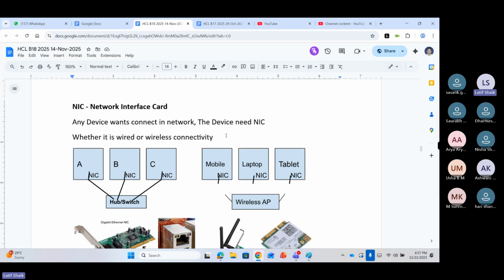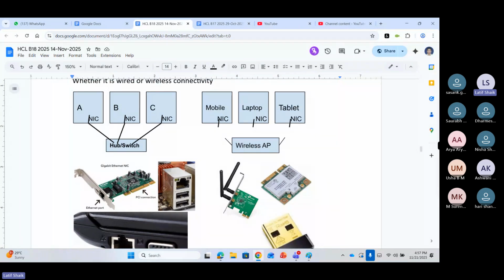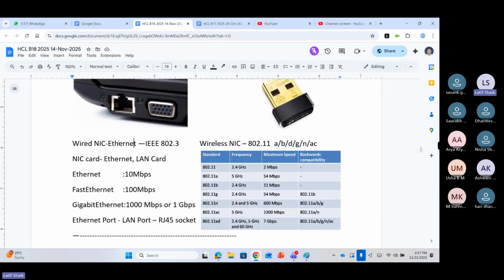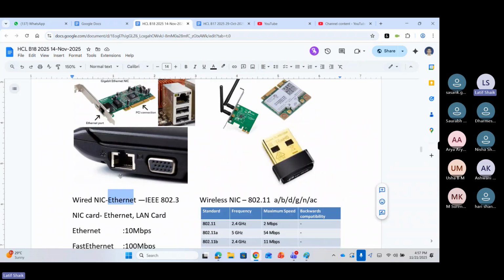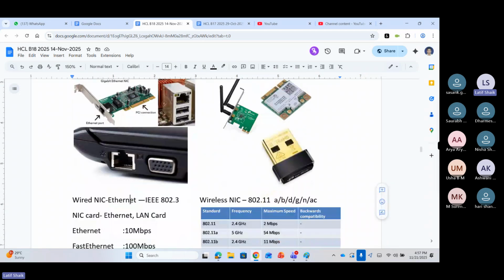In a wired type of connectivity, guys, in our general regular LAN networks, we use Ethernet. So the wired type of NIC that we are using is Ethernet.